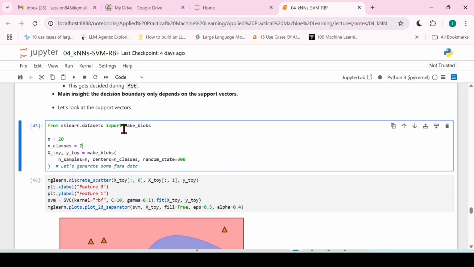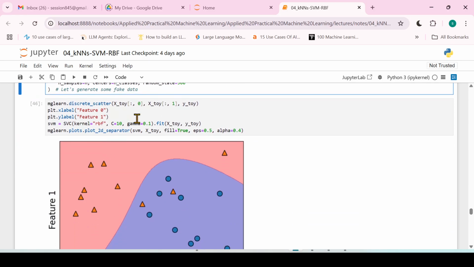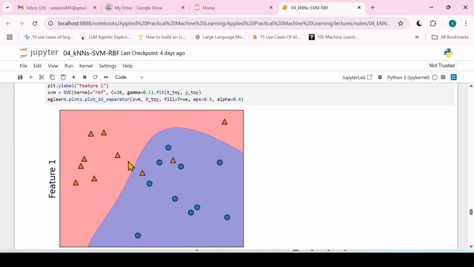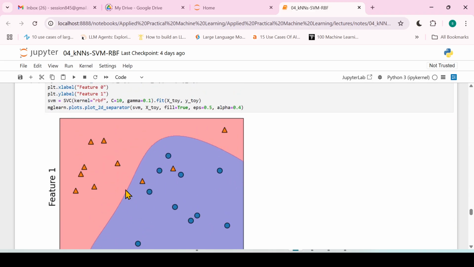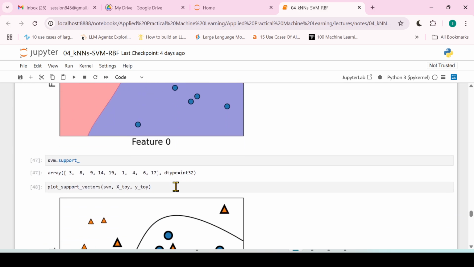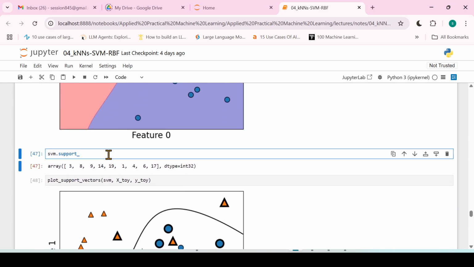Let's see. Here we are creating a simple data set by using the make_blobs function. We are just creating a toy data set with two class classification, and here we are plotting it. This is the data we have plotted, right, and divided based on the SVM, right? With the two features we have, this is the boundary that we have got from the SVM. Now let's see which are the support vectors. To get the support vectors, we can simply call dot support, and here we'll see these values.